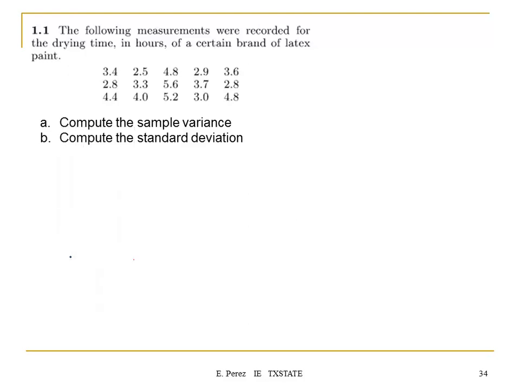the formula for the sample variance is the following. So again, this is for a sample. So sample variance equals the summation from i equals 1 to n of the differences for each observation squared, divided by n minus 1.